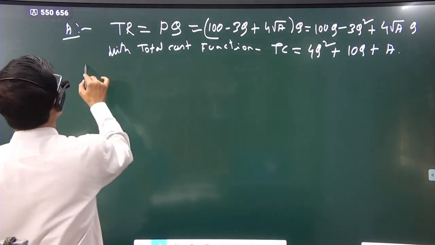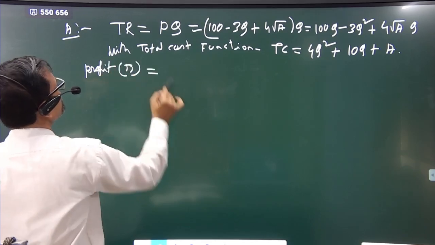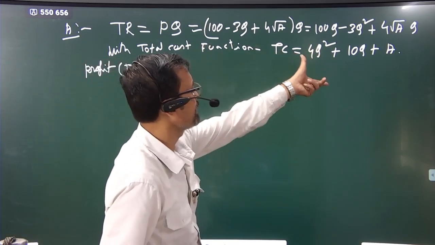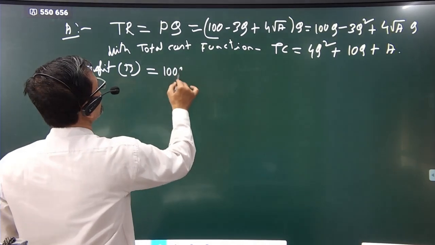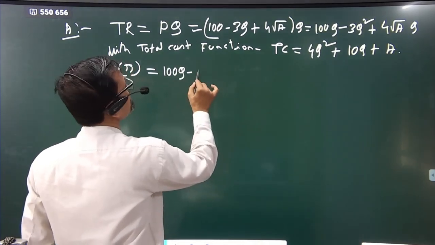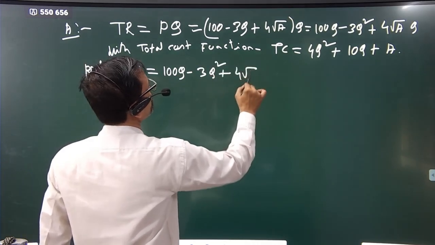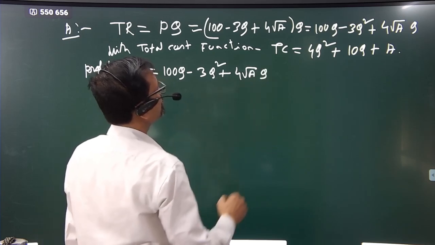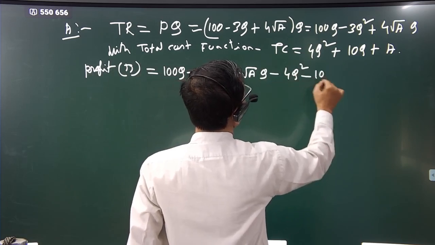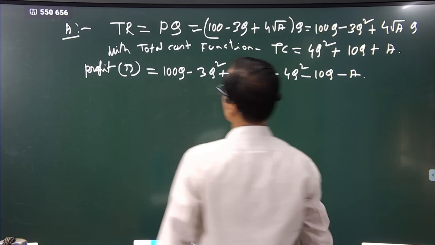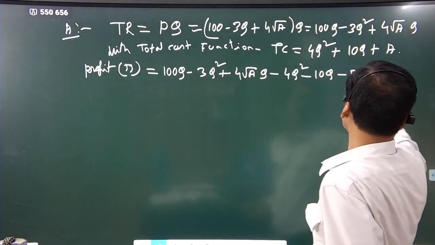Profit of the firm is total revenue minus total cost. Total revenue is obviously 100Q minus 3Q square plus 4 square root of A times Q, minus 4Q square minus 10Q minus A. This is the profit of the firm.